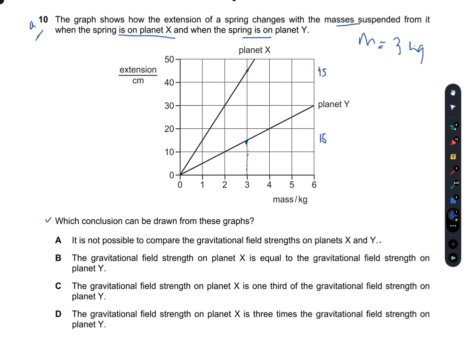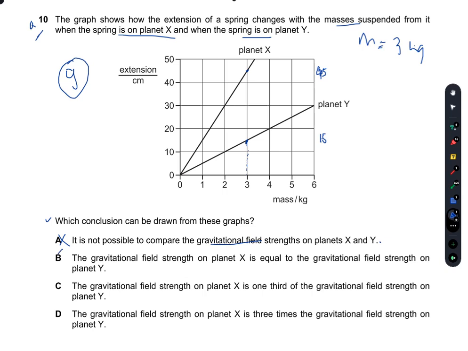So that means I can compare the value of g, because the gravitational field strength is responsible for the difference in extensions since the mass remains the same. So yes, it is possible to compare their gravitational field strengths. The gravitational field strength on planet X is equal to the gravitational field strength on planet Y.